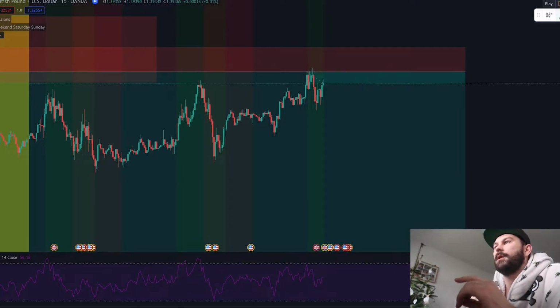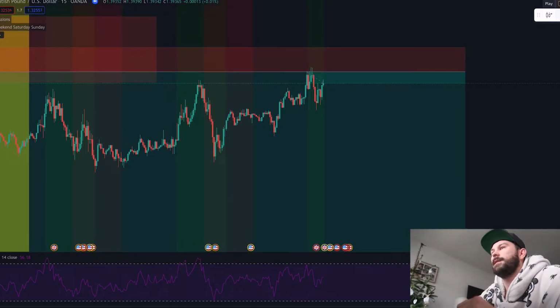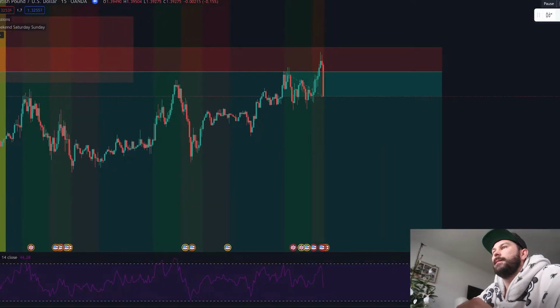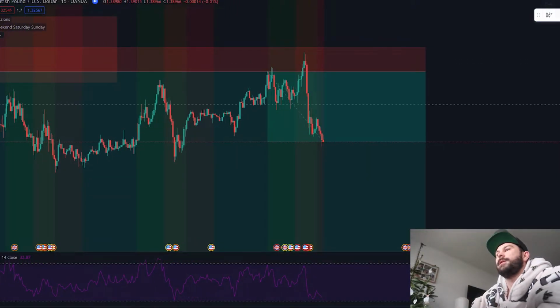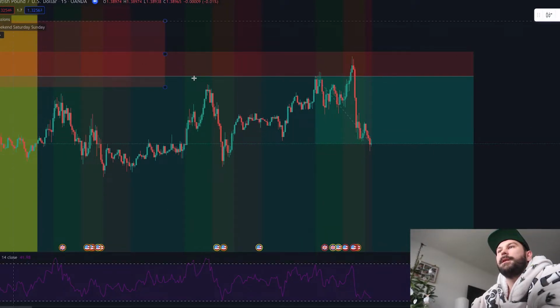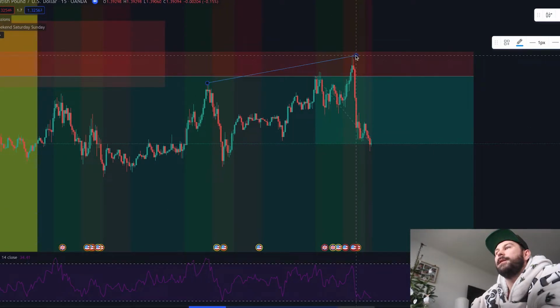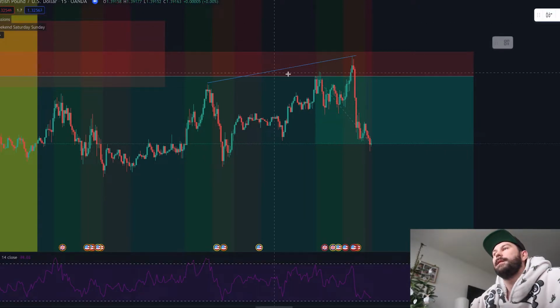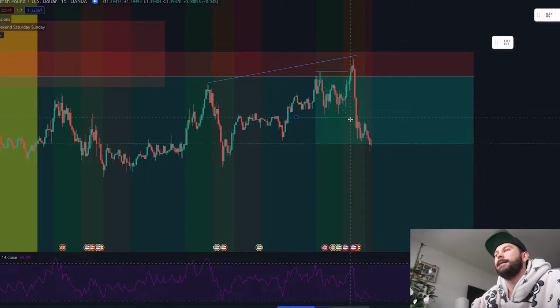Right, so let's just see if we can see any more opportunities on this. Right, that's a nice opportunity for me. We have divergence. You see price coming up into our point of interest. It's taken liquidity from here and from here.